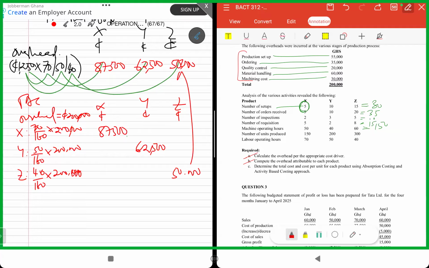They are the same. That's it. Are we good? We can use either method. You get the same thing.